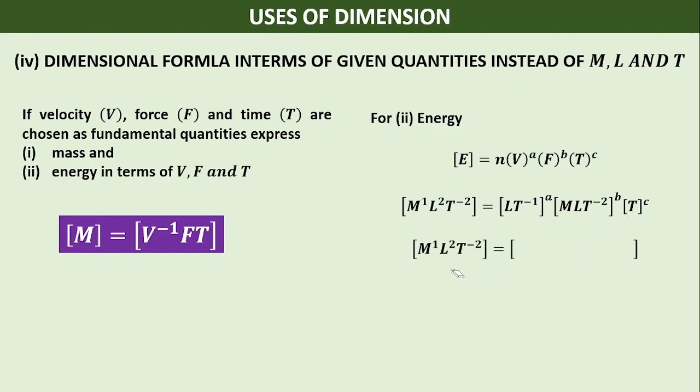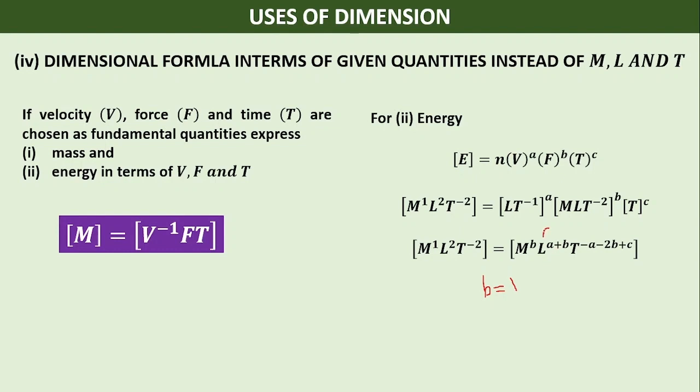We have the dimension of energy here, M power 1, L power 2, T power minus 2. Right? So M power b, L power a plus b, T power minus a minus 2b plus c. Now we can write that b equals 1. The power of M is compared, so b is 1.